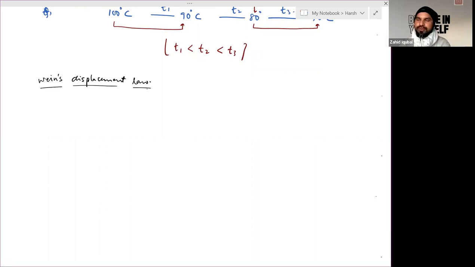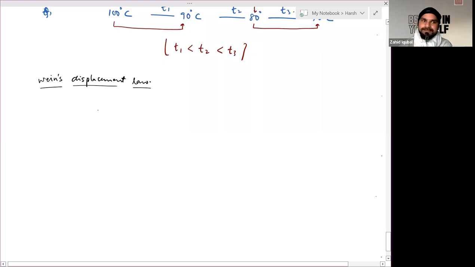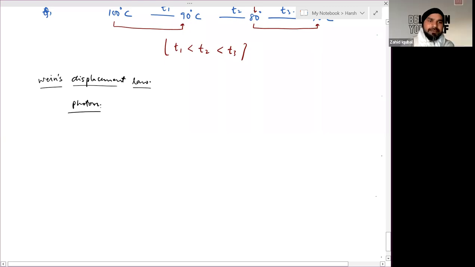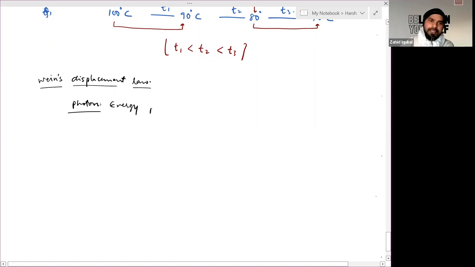Do you know about photon? It's a positively charged particle, right? Photon, not proton. You must have learned about it in chemistry. These are energy packets of light.